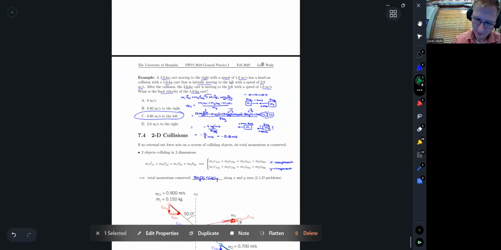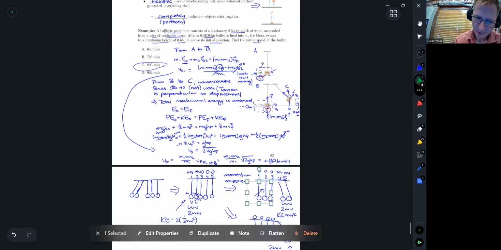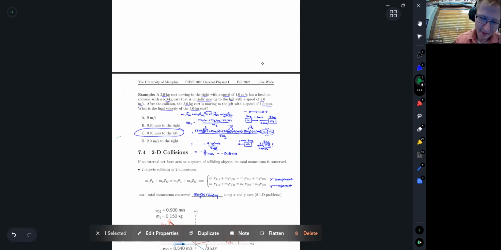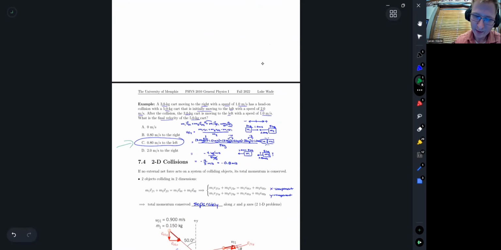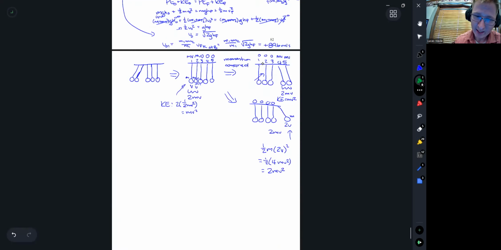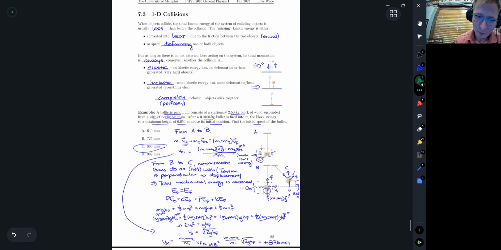And let me see what we had left from this. This example is good because it is another 1D collision. The rest of the chapter, where you have to separately consider momentum conservation and energy conservation, is stuff on the homework, but is not on the exam.